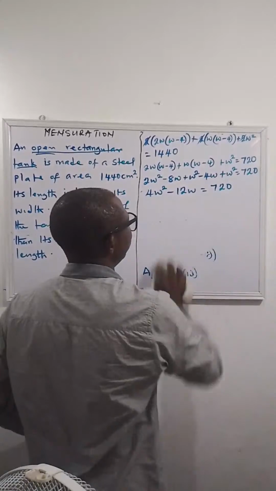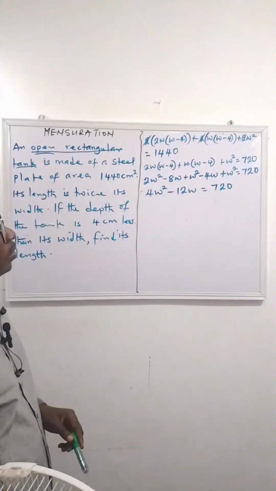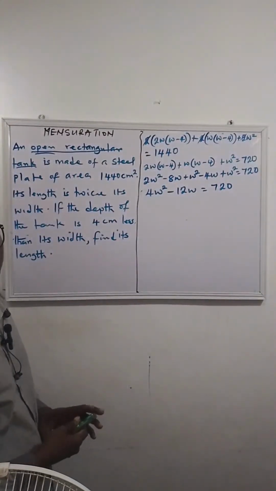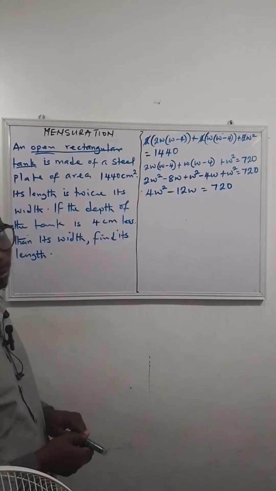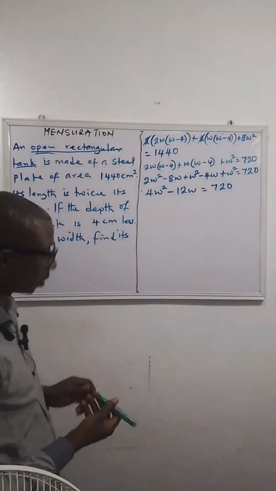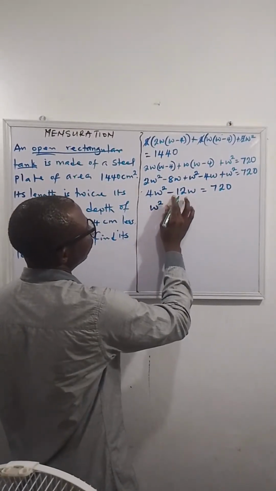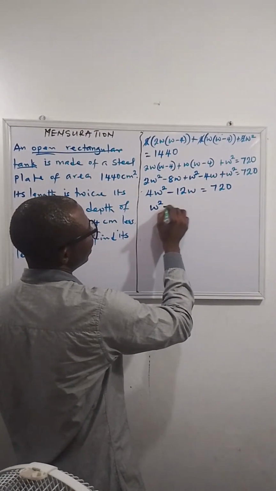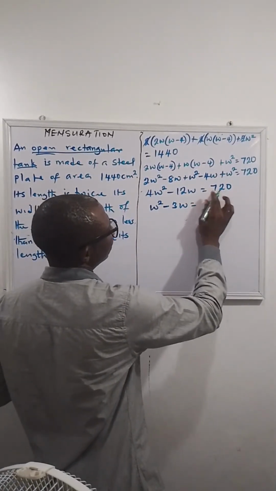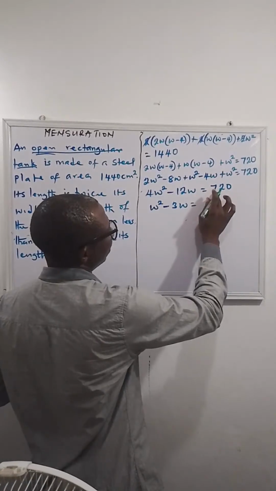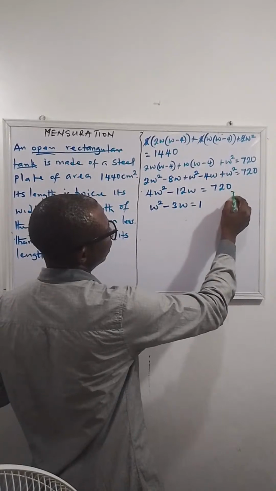What's the next thing to do? We can see we can divide through by 4. So if we divide through by 4, 4 goes into 4w squared to give w squared. 4 goes into negative 12w to give you negative 3w. Now when you divide 720 by 4, you have 1, it remains 3.